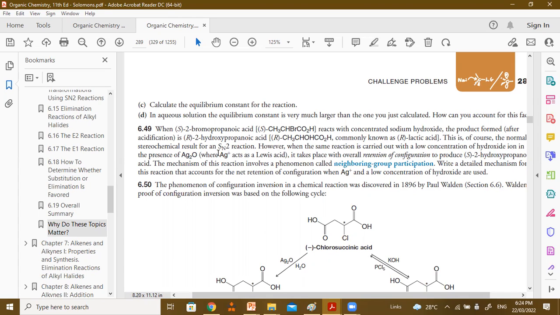So it actually also acts like a catalyst, the same way as the catalyst we had earlier.